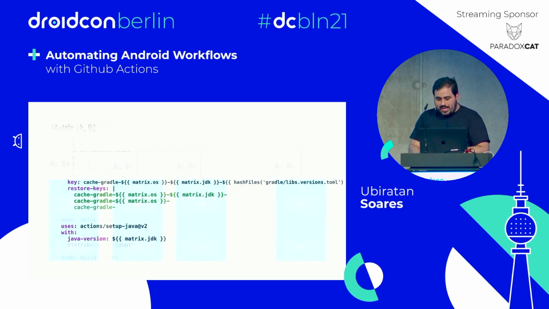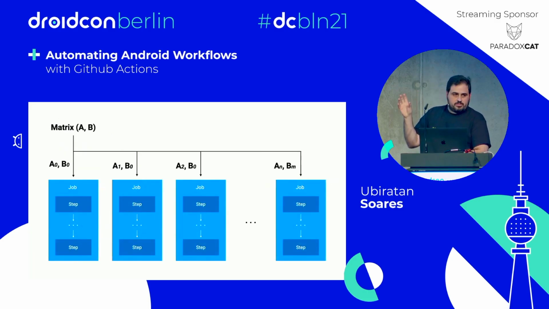So by doing that, we achieve something like this. We define a matrix with some dimensions, and GitHub Actions will pretty much spawn several jobs. And remember, each job runs on its own runner machine. So if I define, let's say, a matrix with dimensions 2×3, then I will have 6 runner machines running in parallel with all those different configurations, right?